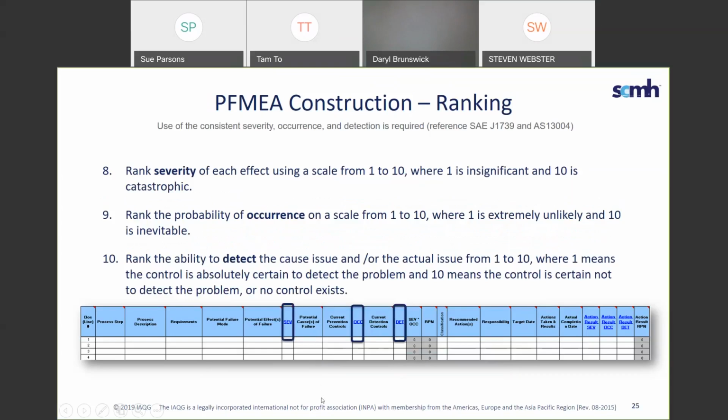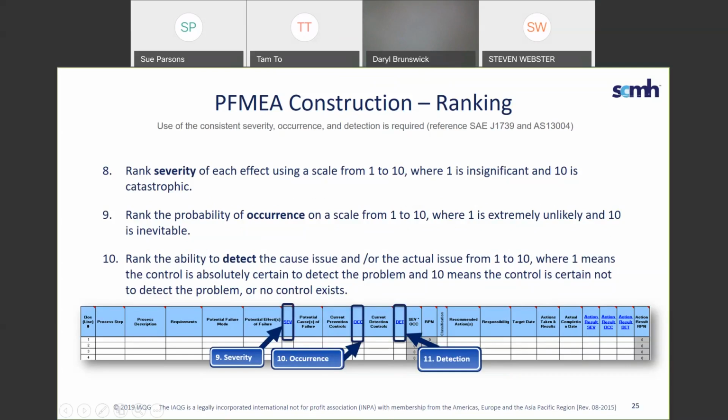So you have all your language down, and now you're trying to scale how significant these things are. So you rank severity on a 1 to 10 scale. And let me say there are scales out there. The J1739 scale is a good scale. The AS13004 has good scales in it from aerospace, but be consistent in your scaling.